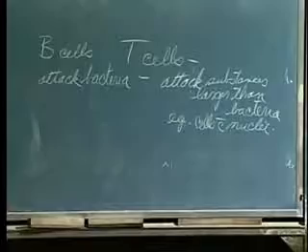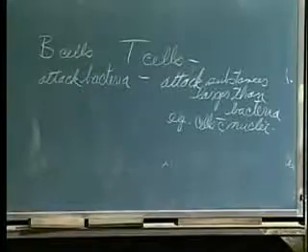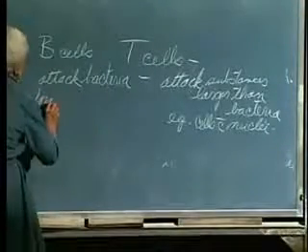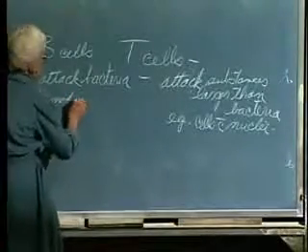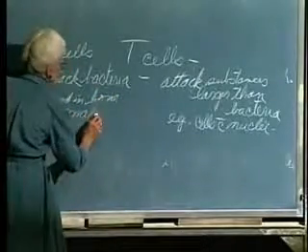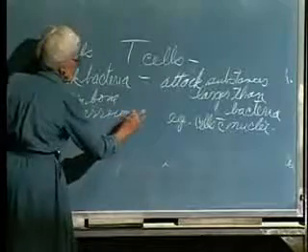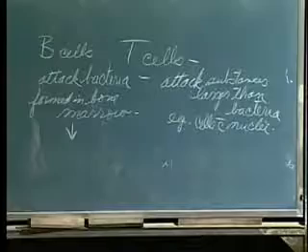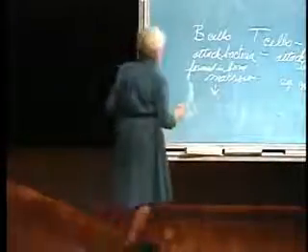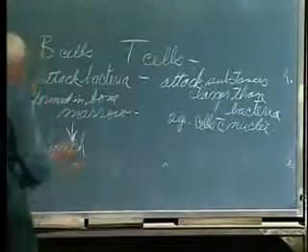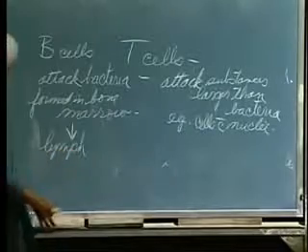Now B cells are formed in bone marrow. B for B. Formed in bone marrow. They then leave the bone marrow and go to lymph nodes, which are collections of lymphocytes throughout your body.